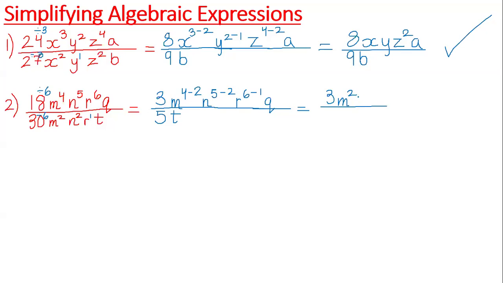What is 5 minus 2? 3. n to the third power. Good. And then r to the power of 6 minus 1 is 5. r to the 5th power. Very good. And then we just have q left there. And then at the bottom we have 5t.